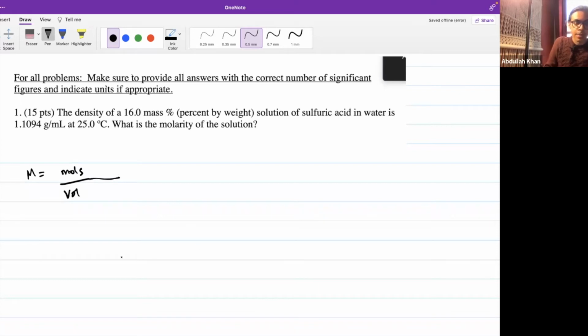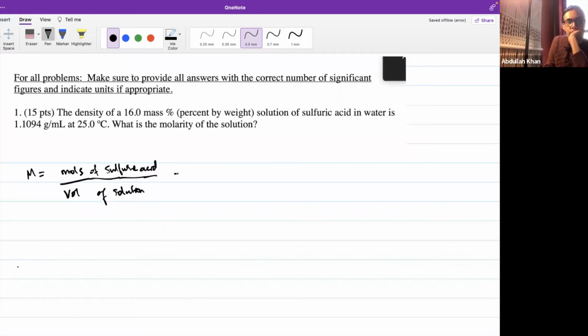Can someone tell me it's going to be moles of what in this particular question? You can unmute yourself if you want to. Moles of sulfuric acid. Good, divided by volume of solution.